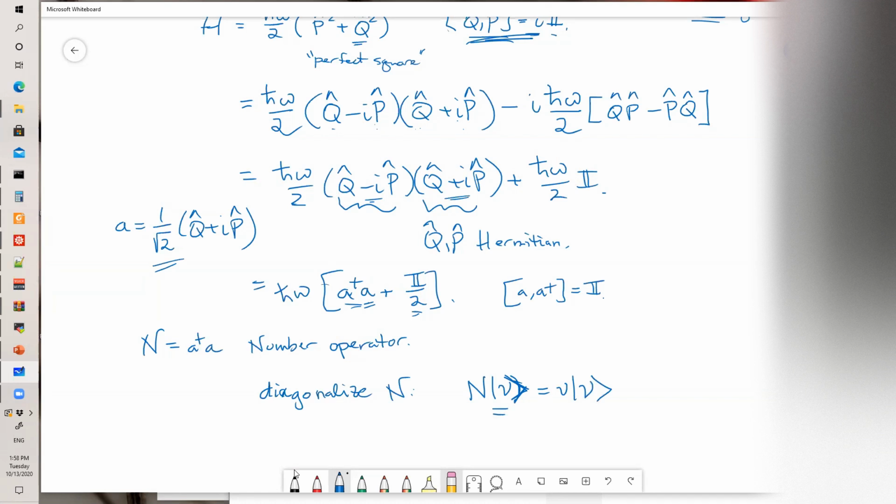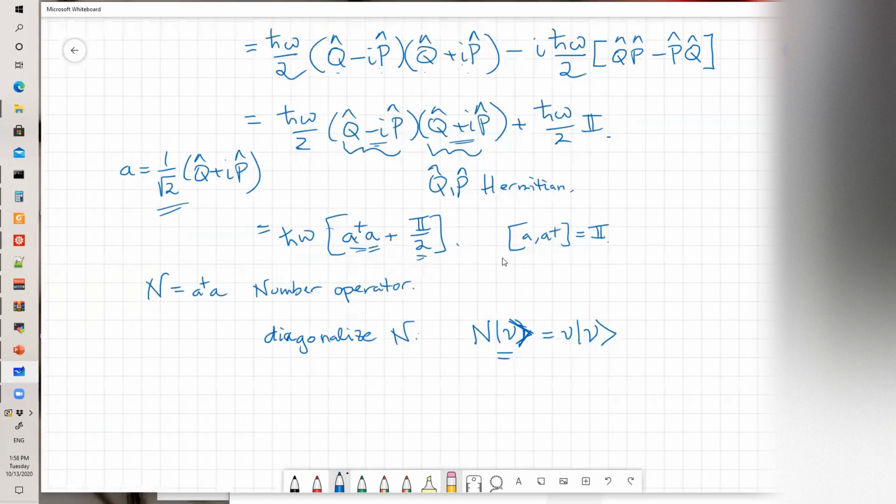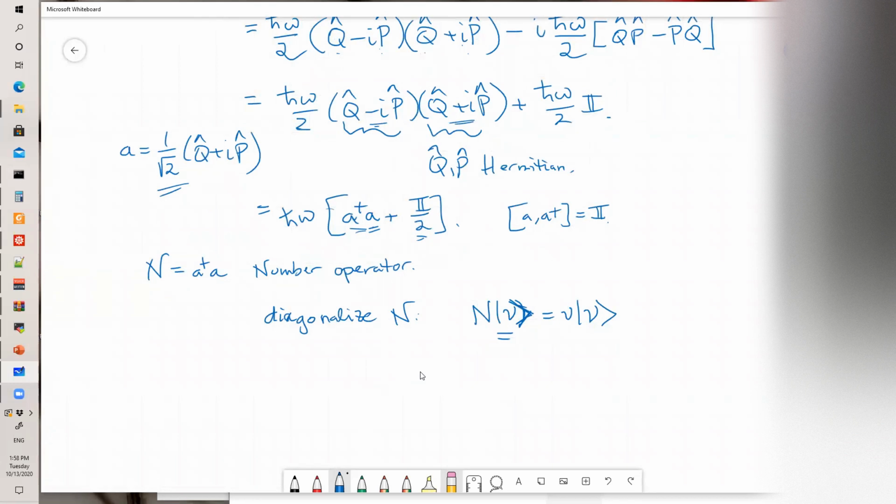That's the eigenvalue. Then, first of all, because of this funny form of n, that it's a dagger a, there's the following interesting property: if you take the magnitude squared of the vector a acting on nu, which would be a nu dotted with a nu.